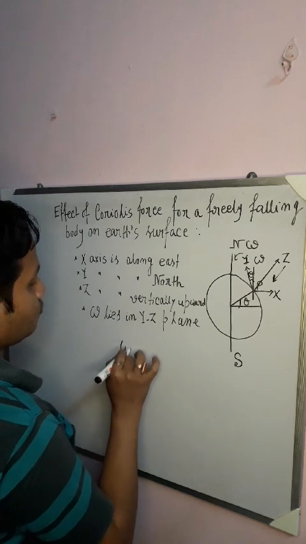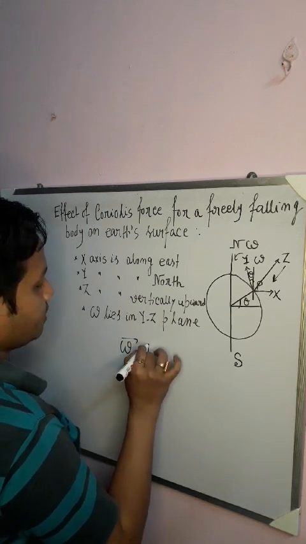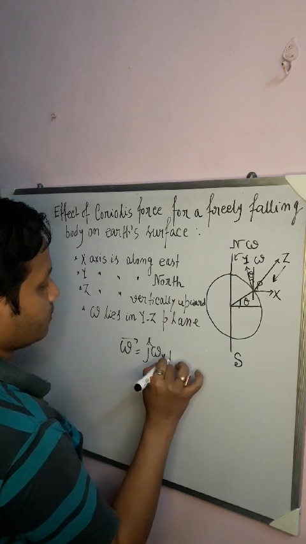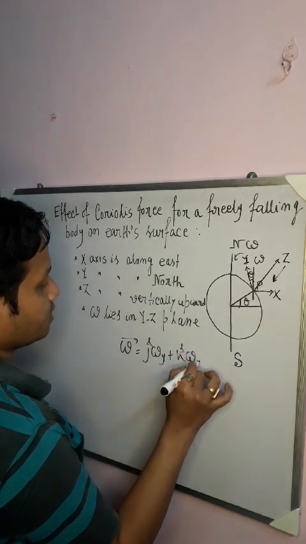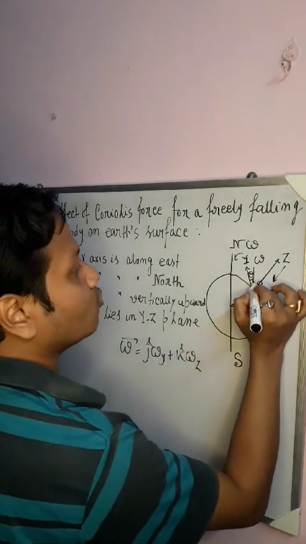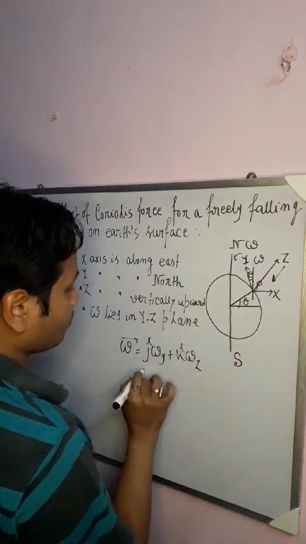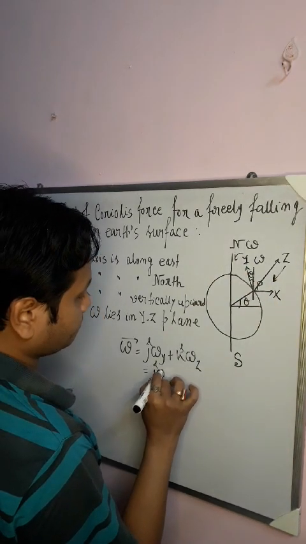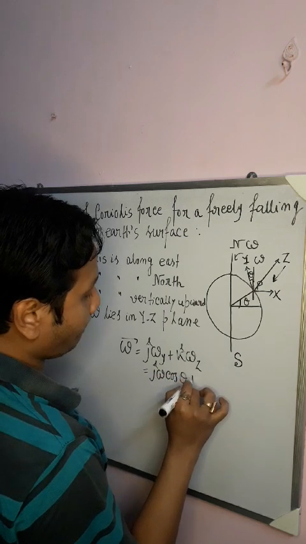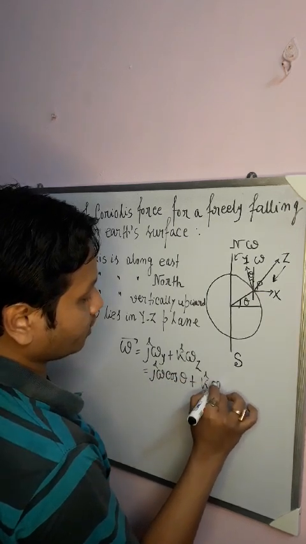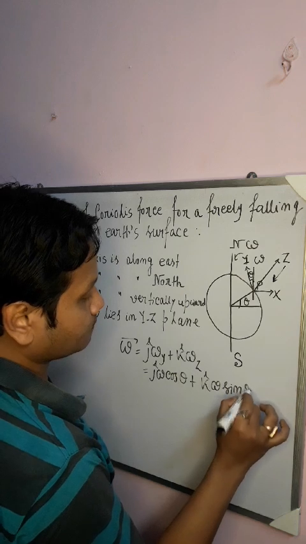Simply, omega lies in the yz plane means j omega y plus k omega z, and this is along y, this is theta. That means omega y equals omega cos theta, and this is omega sin theta.